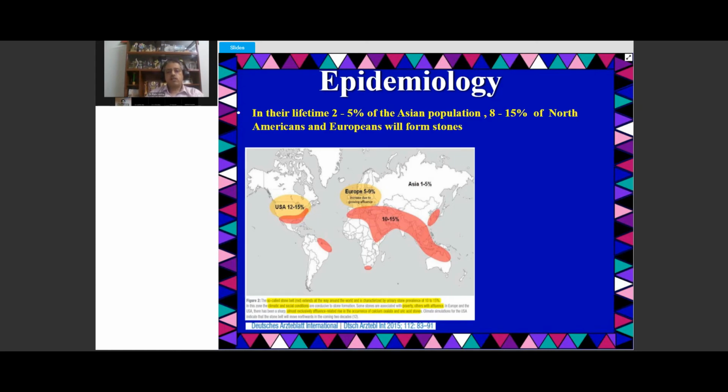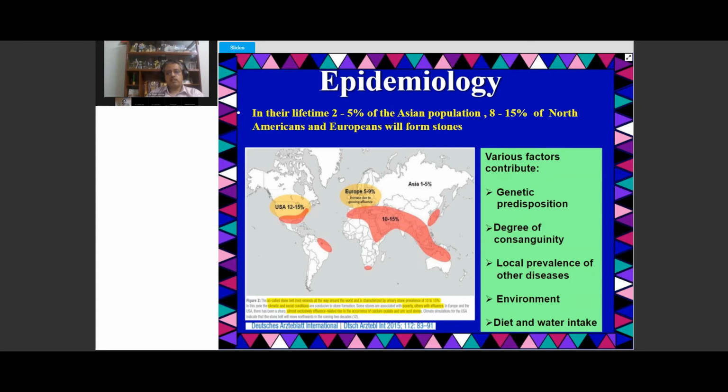A number of factors contribute, and it is not all genetics. Genetics does play a role, degree of consanguinity plays a role, but so does the local prevalence of other diseases. For example, in Thailand you have a higher incidence of schistosomiasis, and they have a high incidence of bladder stone. Similarly, studies have found that among the North Indian population there is a higher incidence of lower Oxalobacter, and that might predispose to stones.